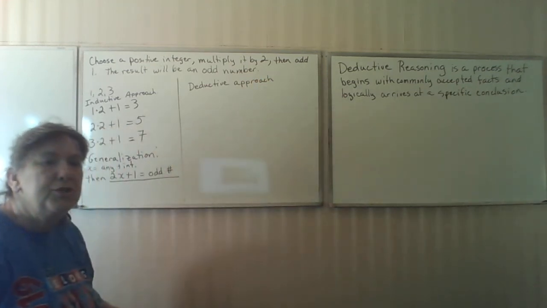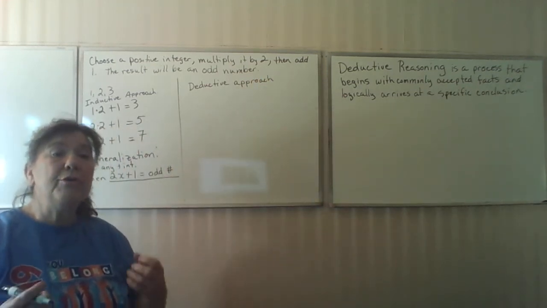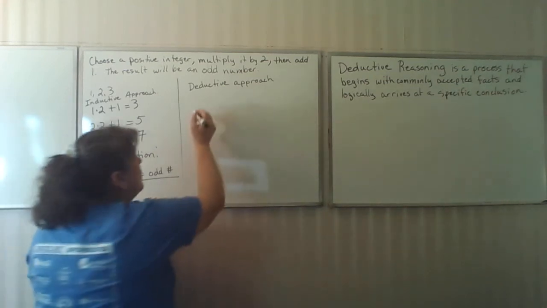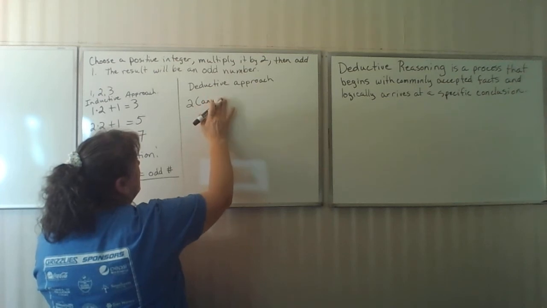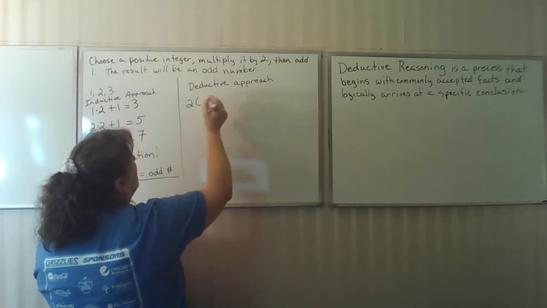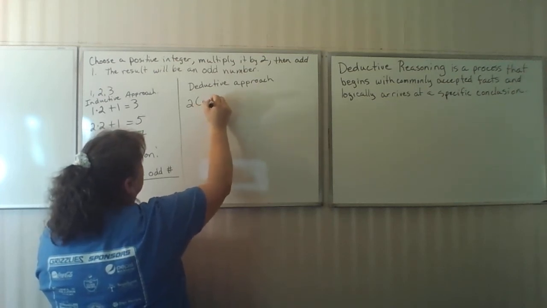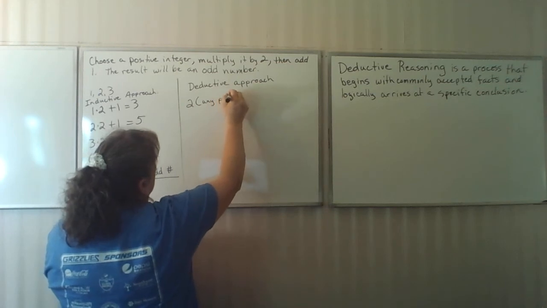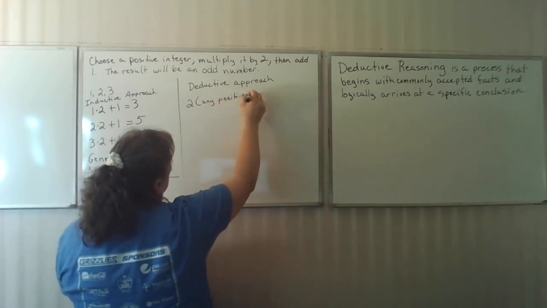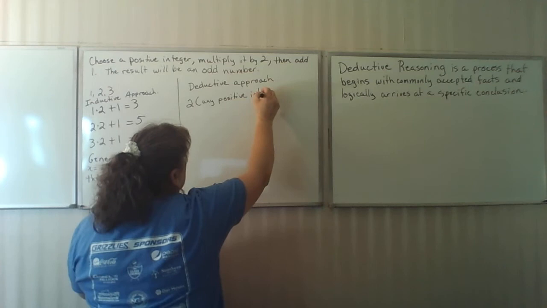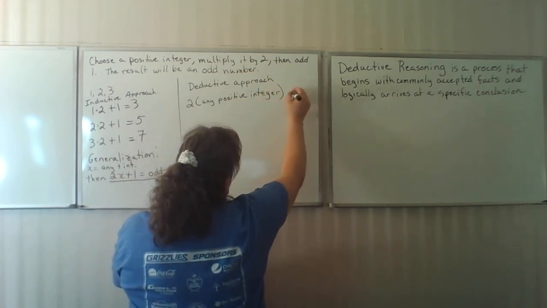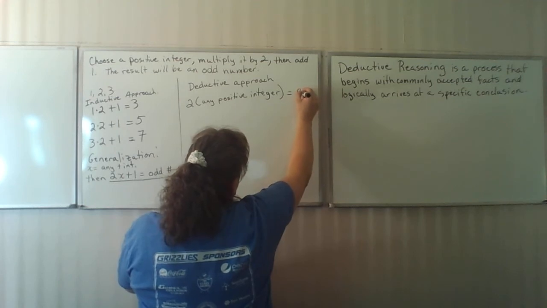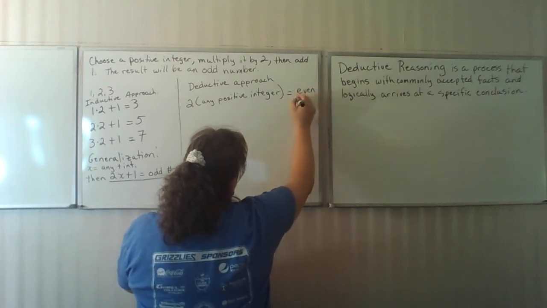Deductive approach uses two known facts. The first known fact is 2 times any positive integer equals an even integer.